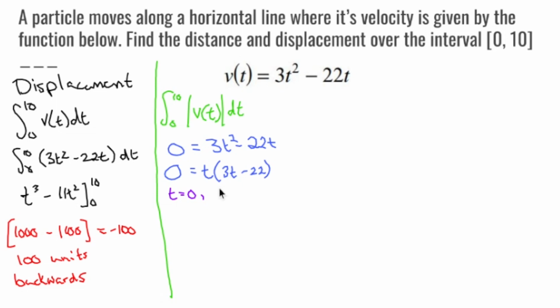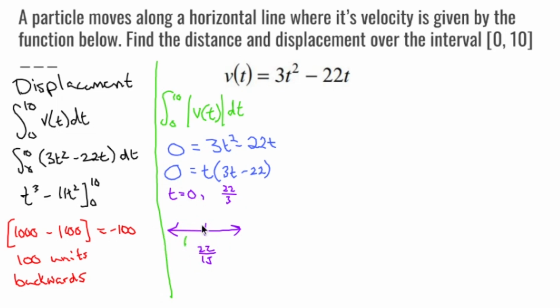That makes life kind of easy. If I add 22 and divide by 3, that gives me 22 over 3 for where things change. Okay, so I'm going to create a sign chart. 22 over 3 is where the magic happens. Normally I would plug in 0, but I can't plug in 0 because technically that's a critical point.